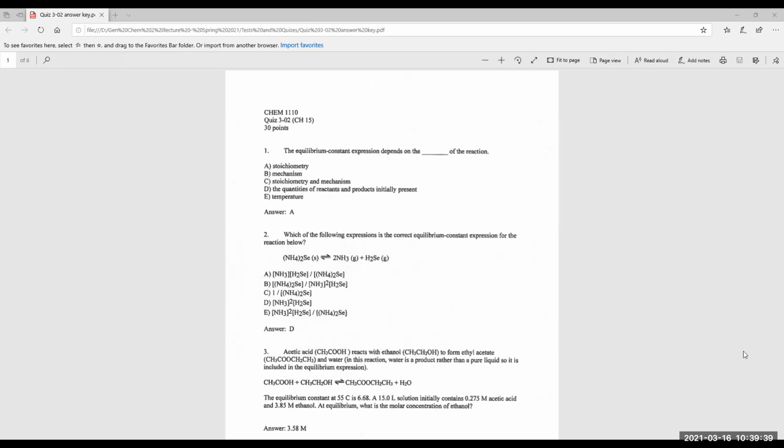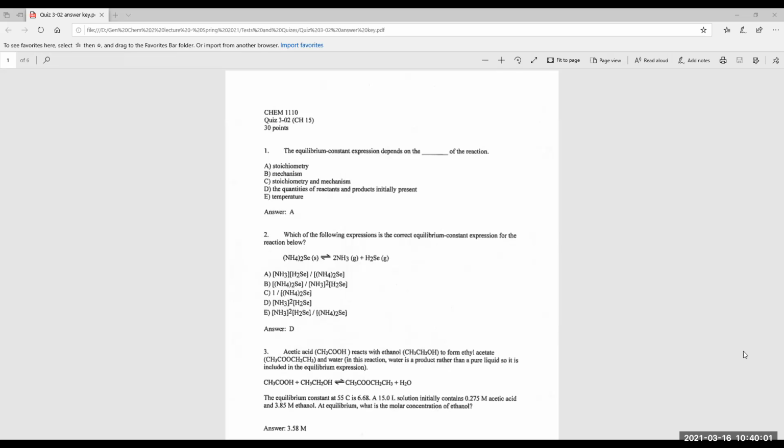So first question, the equilibrium constant expression depends on, and the answer is the stoichiometry of the reaction. So those coefficients in the reaction tell us what power to raise the different concentrations to, squared or anything like that.